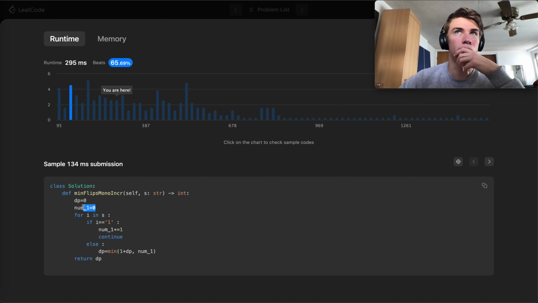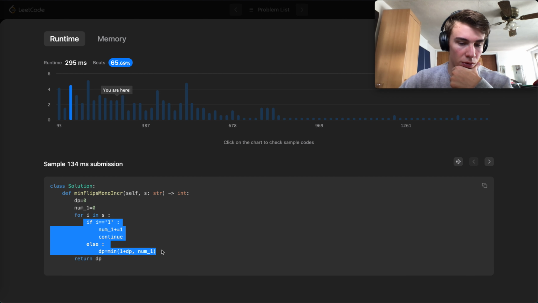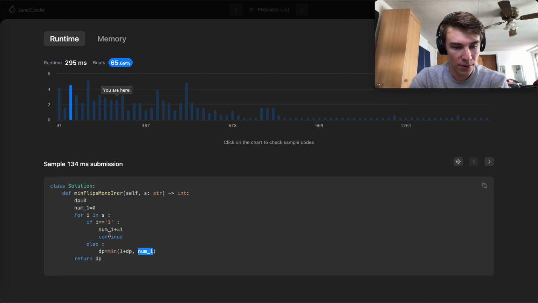So the number of ones on the right is initialized as dp is the min flips, and what he's doing here is counting the number of ones in s.